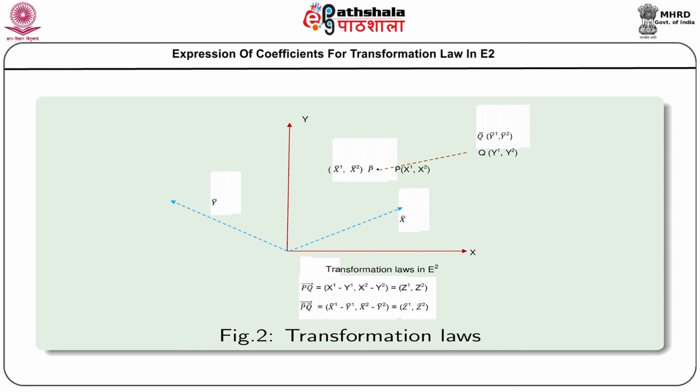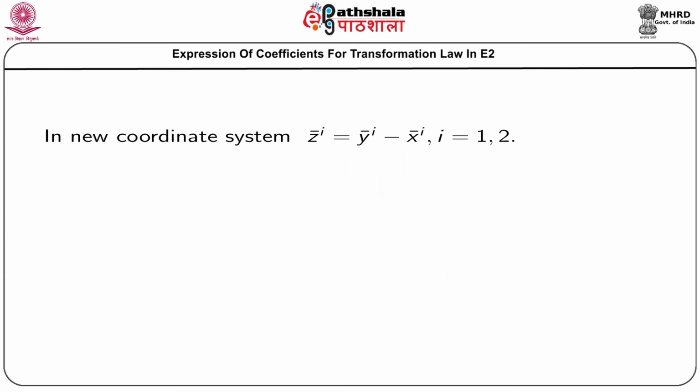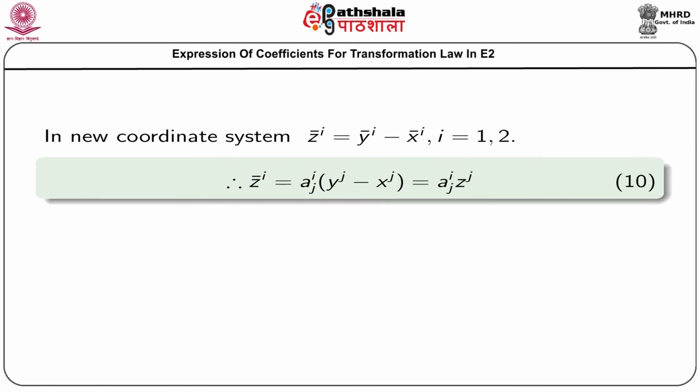Now, with this transformation law, in the new coordinate system the expression becomes z̄^i equals ȳ^i minus x̄^i, where i is running from 1 to 2.